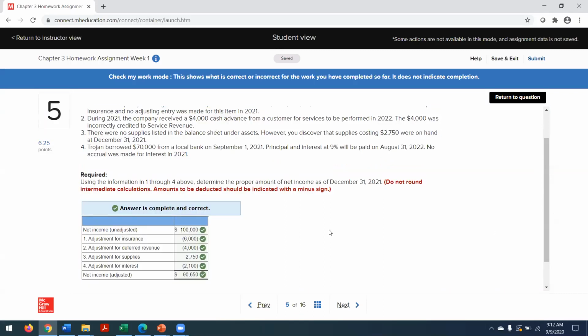So what this problem is allowing us to do is to see that throughout the period, we record these external transactions.